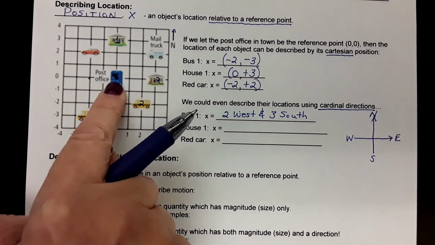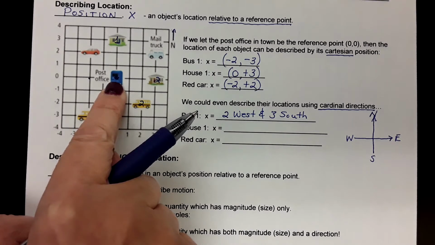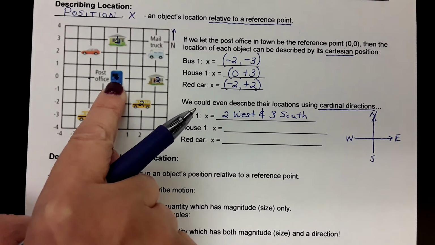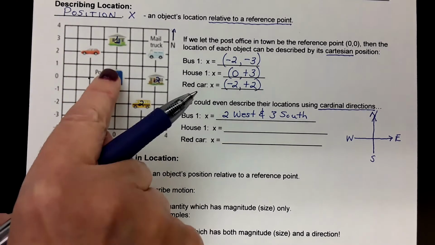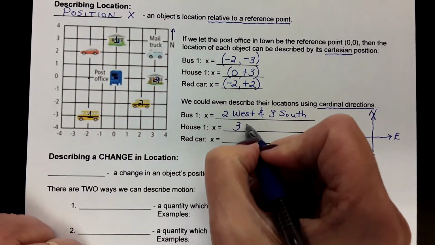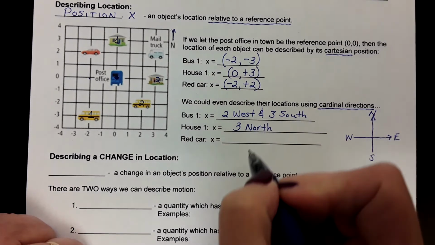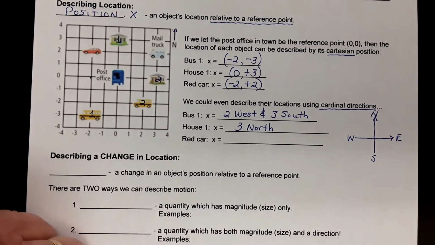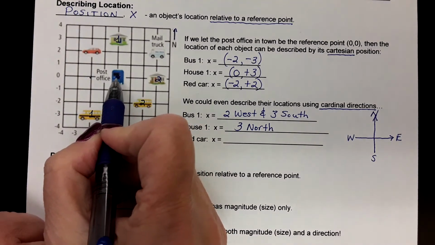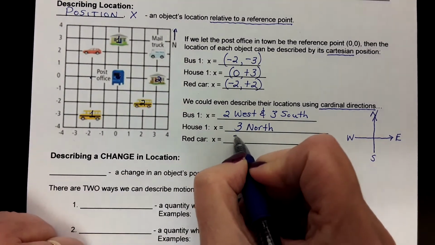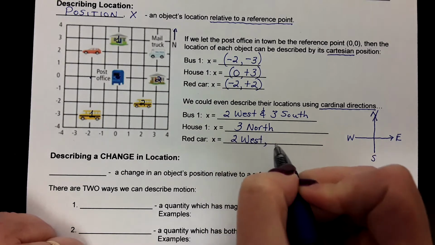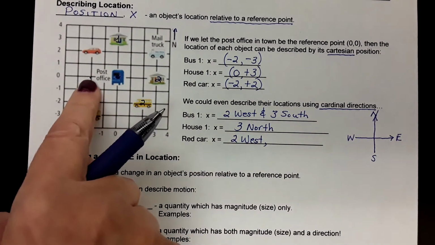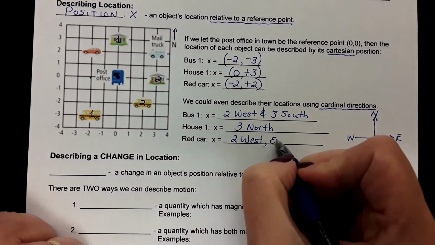Now, notice from the post office, do we need to go east or west? No, we don't. All we have to do is go north 1, 2, 3 spaces. So we're going to say 3 north. And that is the location relative to the post office of house 1 with cardinal directions. Okay? Now let's try the red car again. To get to the red car, we've got to go 2 to the west, and then we have to go 2 to the north.